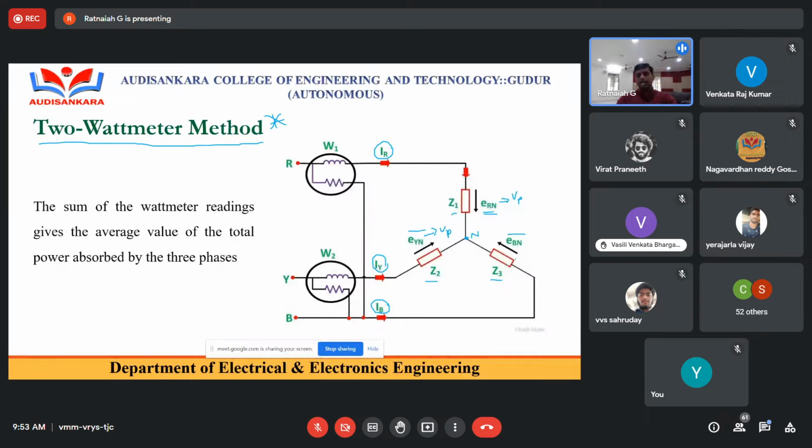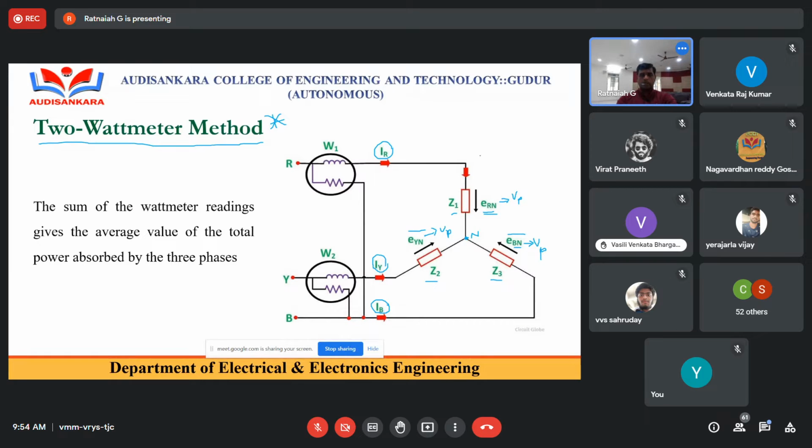Coming to the third phase voltage, VBN is the potential difference of the given three-phase system with respect to the B terminal and with respect to the neutral point. So this is also a phase voltage. In a star connection, we take phase voltages.